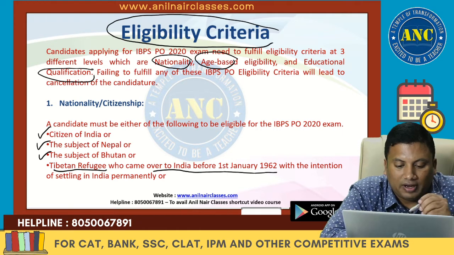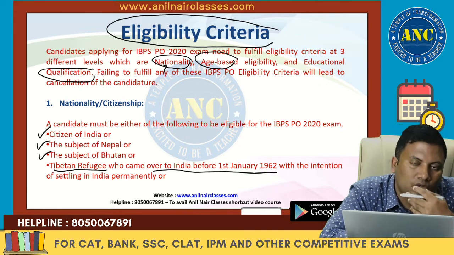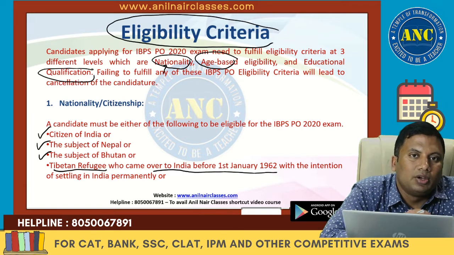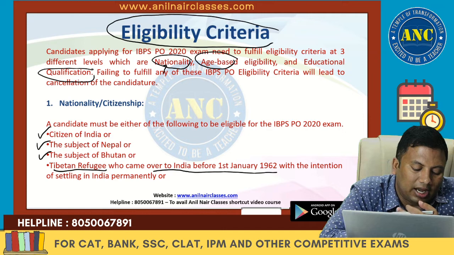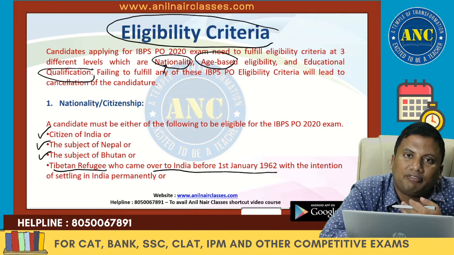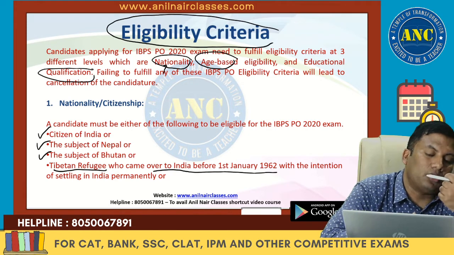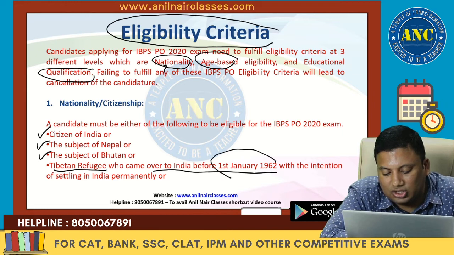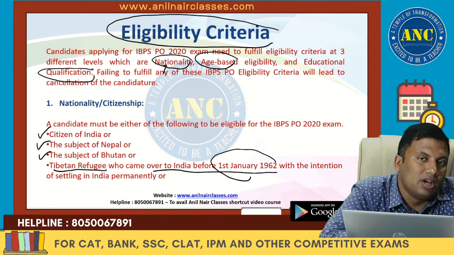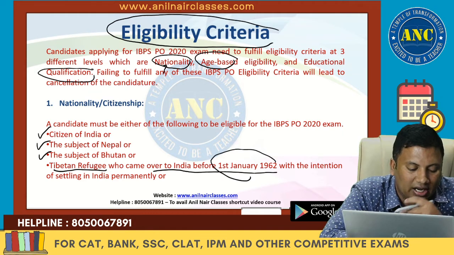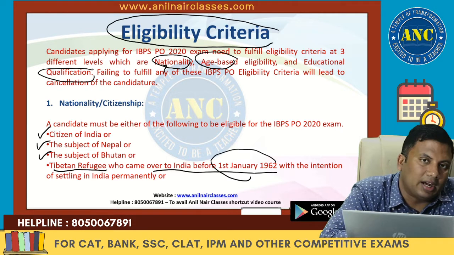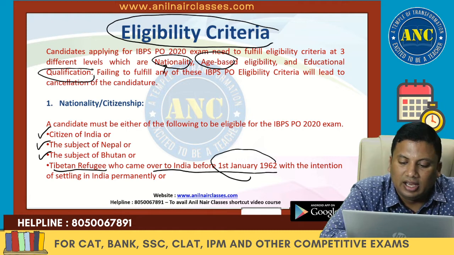So, from the nationality perspective, you should be a citizen of India, or from Nepal or Bhutan, or a refugee from Tibet who came to India before 1st January 1962 with the intention to settle in India. These are the people who can write the IBPS PO 2020 examination.